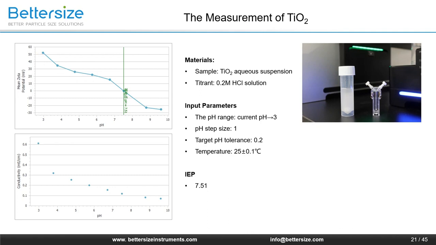If the user hopes to keep this powder dispersing stable in the system, the pH of the system has to be far away from 7.5. The conductivity plot shows that the conductivity of the dispersion becomes higher with the decrease of the pH, due to the ionic strength becoming stronger with the addition of acid.